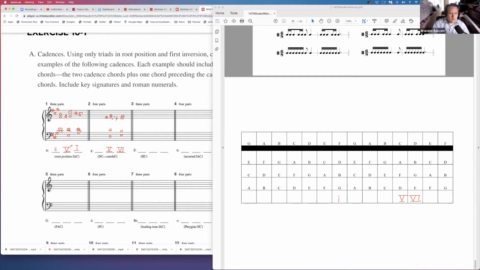we have the interval of an augmented second, which is against the norms. So we can't have that. So they're saying double this.